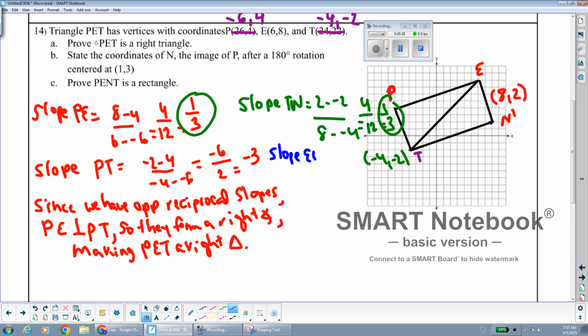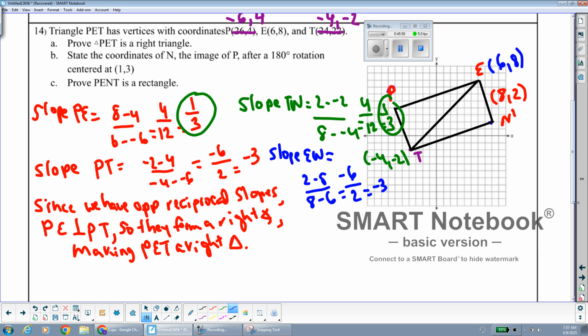I should expect it to be -3 because it's across from PE. So the slope of EN is 2 minus 8 over 8 minus 6, and that is -6 over 2, which is -3. So that worked out the same.